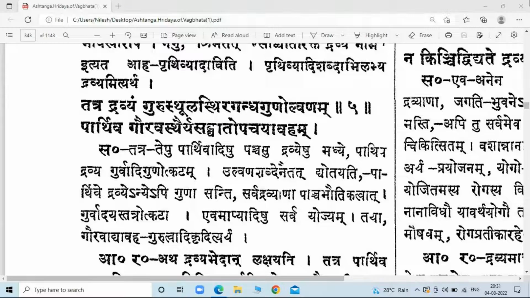And in Ashtanga Hridaya, the least discussed ones are Paradi gunas. They are part of the text, and extensively used in the description, but they are not specifically explained or described giving due consideration.